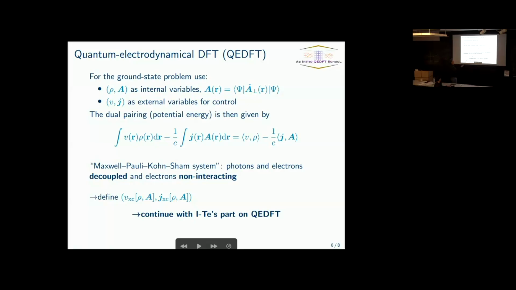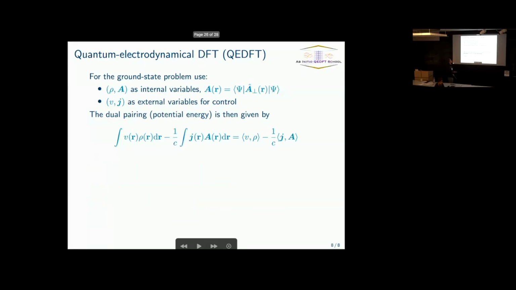No, it's again formulated as before at this level, where I define a universal functional, which I would do in the exact same form. So the universal functional would minimize the internal part of the energy over all wave functions that give you predefined rho and A. So that would be the universal part, exactly in the same way as before. And at this level, everything is still exact. So I can show you.